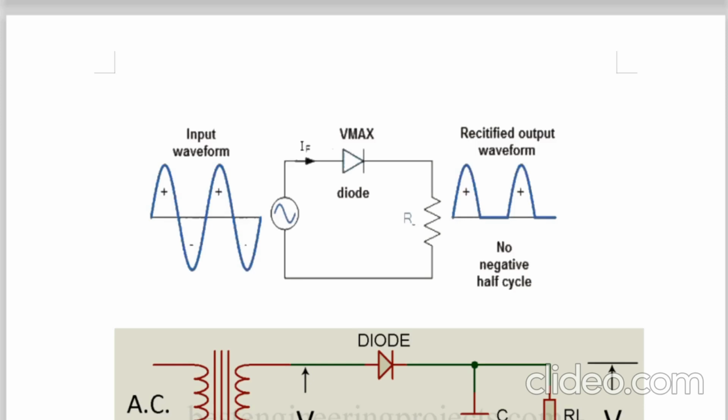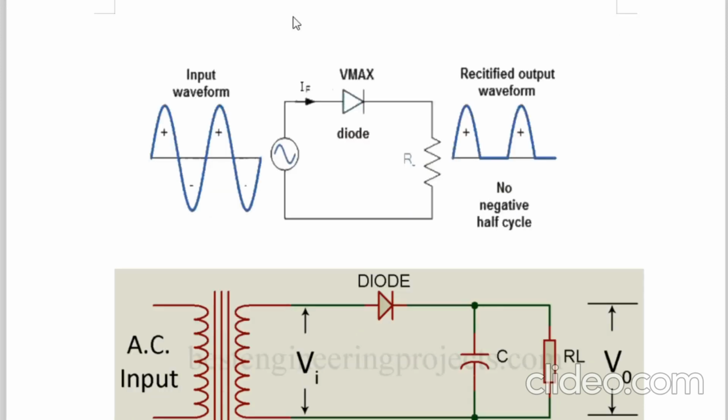Now, before going to the precision rectifier, let us revise a simple rectifier. Here is a half wave rectifier. You can see that an AC input signal is applied to a PN junction diode and a load resistor is connected. During the positive half cycle of the AC input signal, after 0.7 volt, that is the knee voltage of the PN junction diode, the diode gets forward biased and starts conducting only during the positive half cycle, and current starts flowing through the load.